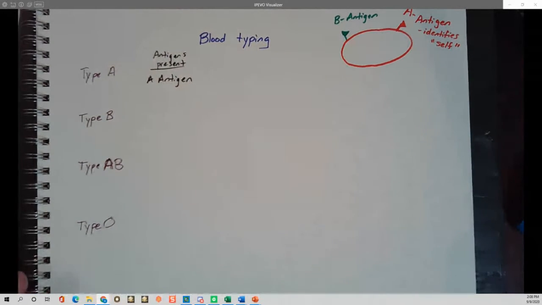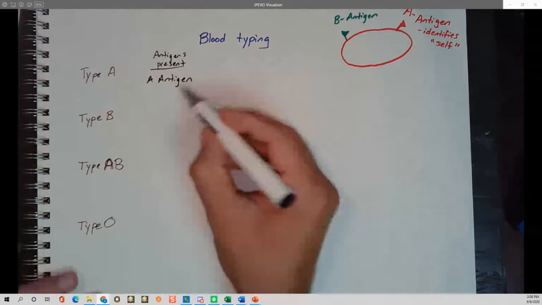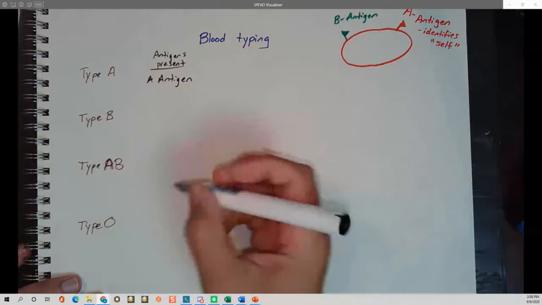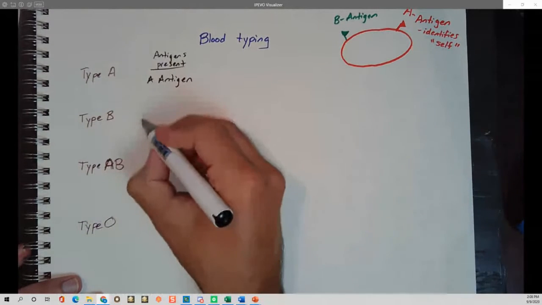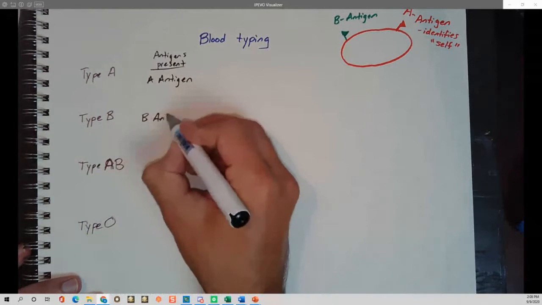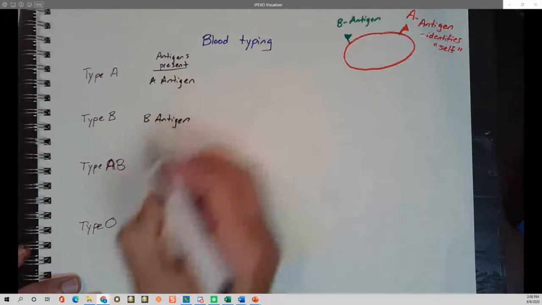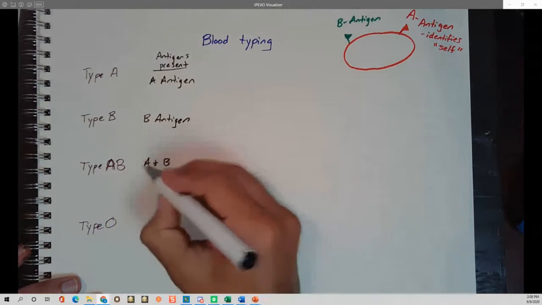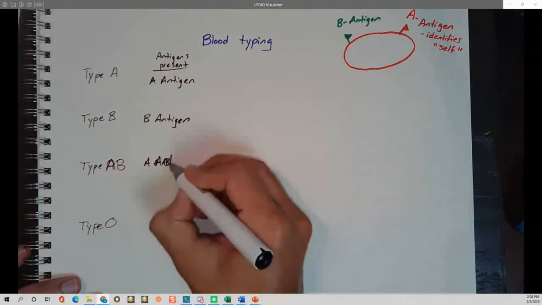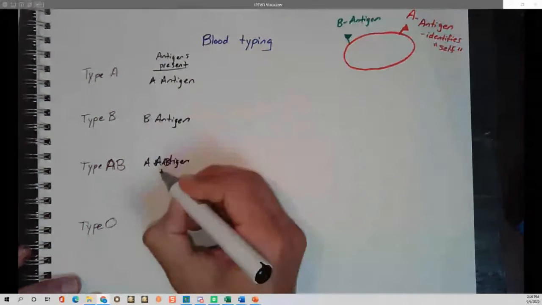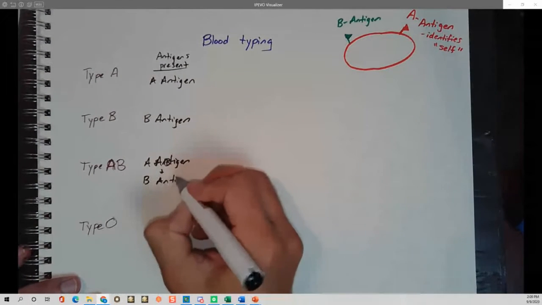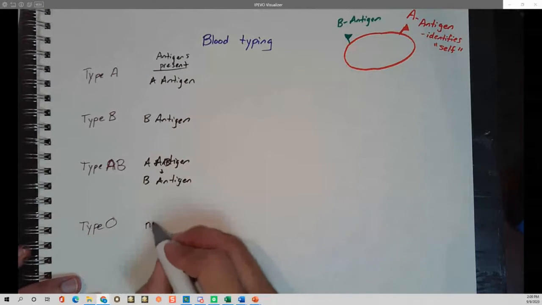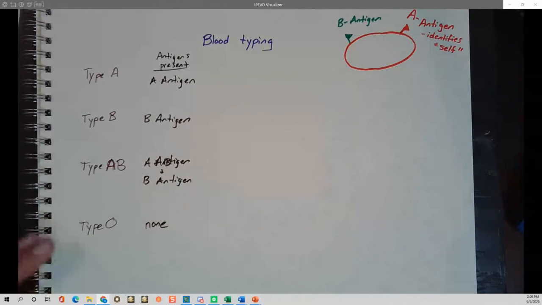Very frustrating when you guys do that. These are specifically A antigens. A is just a letter. So type B blood has the B antigen. Type AB blood has the A antigen and the B antigen. And type O doesn't have any, so we're going to write none or no antigens.